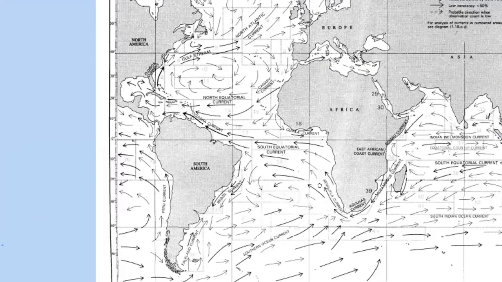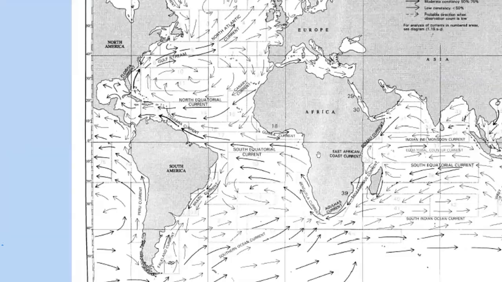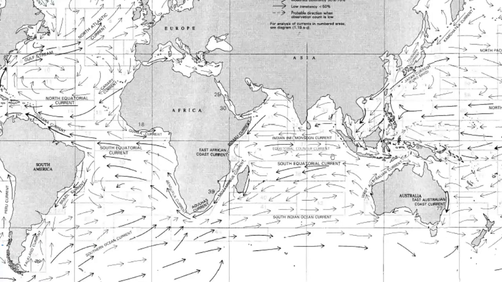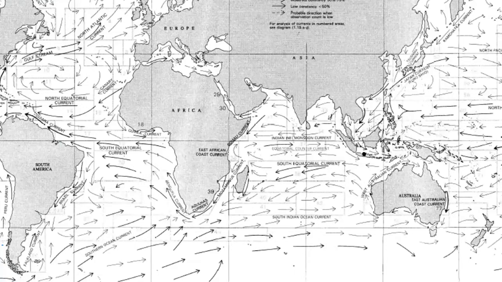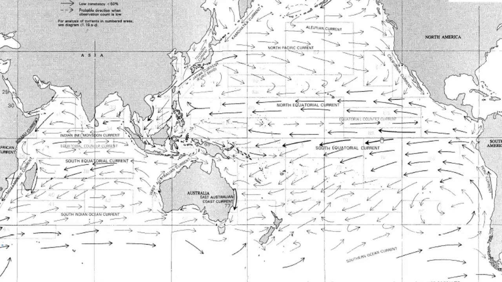And it is only in the Indian Ocean that the equatorial countercurrent is found south of the equator. So if you notice also in the Pacific, the equatorial countercurrent is north of the equator. So this is the equator and this is the countercurrent.